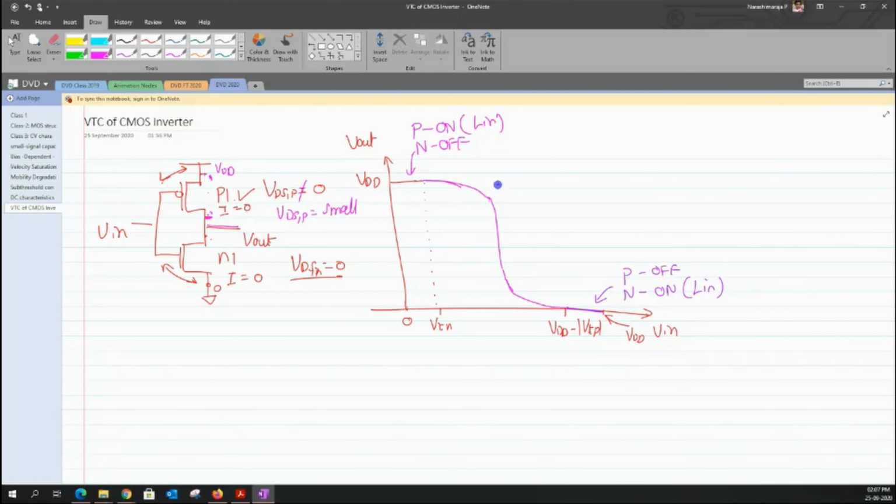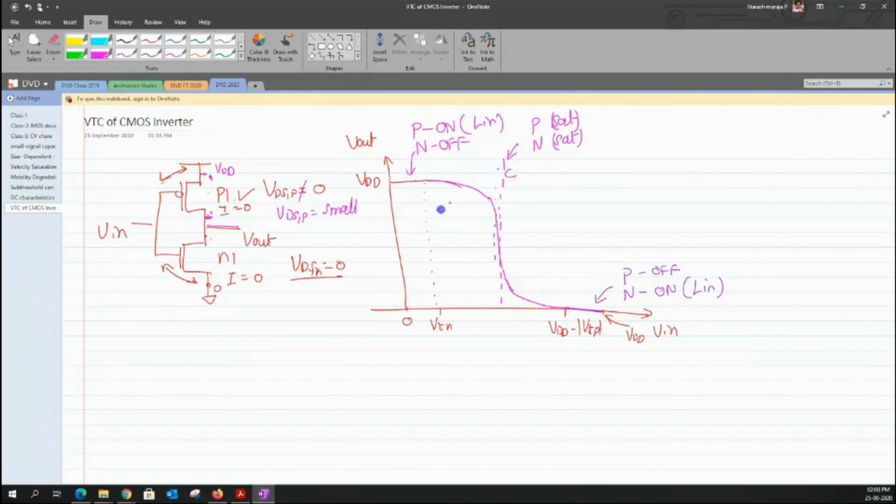So now I can divide this as one more region, where in this case I'm going to assume that beta P is equal to beta N. This is a region that separates, and in this particular zone I will have both the transistors in the saturation region, and this region we call C.